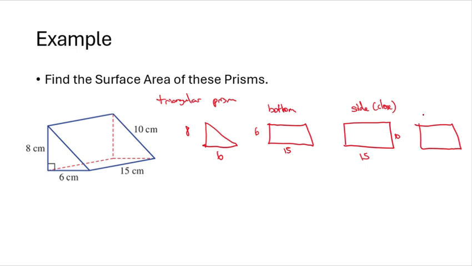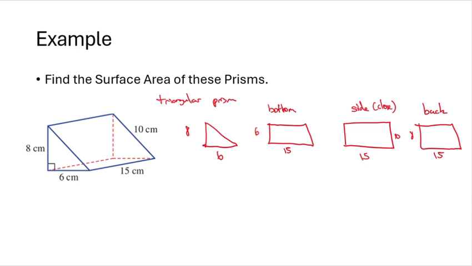And then the final rectangle will be the back, which is going to be 8 by 15, just like that. Okay. And we're going to calculate the areas of all of these shapes according to the measurements given.